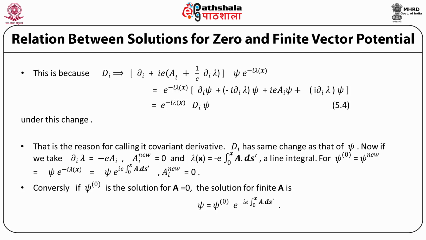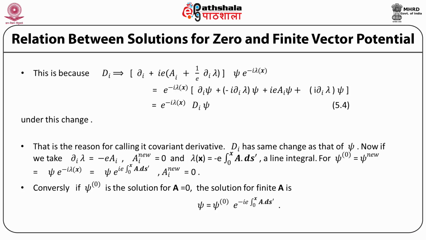where lambda of x is given by minus e times the integral from 0 to x of the vector potential A dot ds prime, which is a line integral. For psi at the point 0, psi new is equal to psi times exponential of minus i lambda of x, which is psi times exponential of i e integral of A ds prime, and therefore A new is equal to 0.